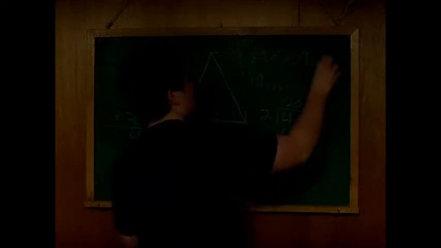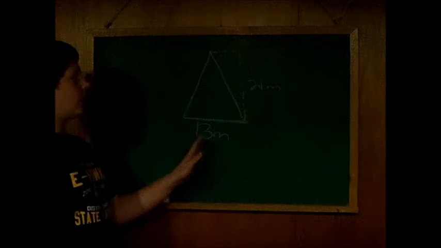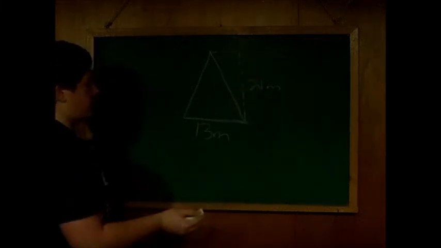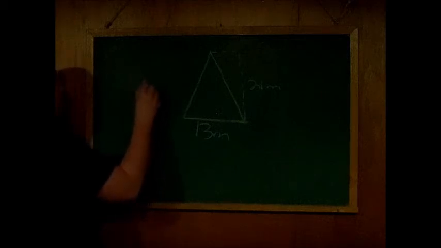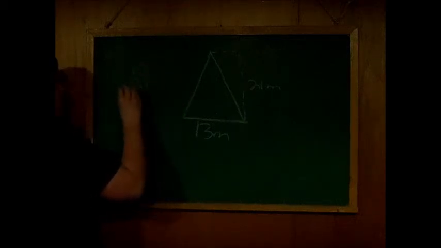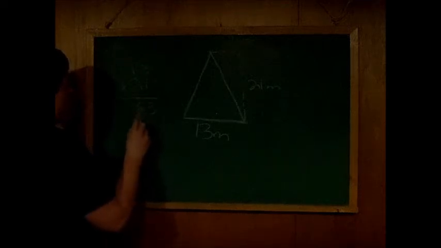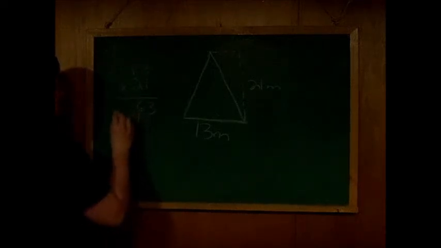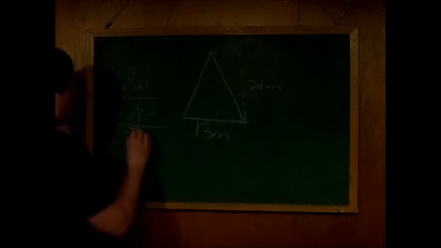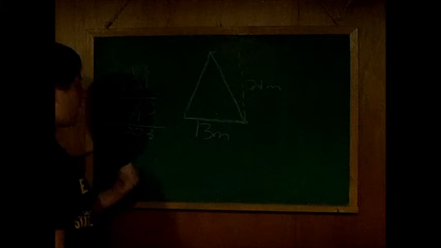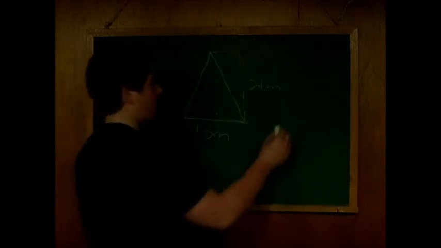centimeters squared. Now this second example is a little bit more tricky. We have a base of 13 and a perpendicular height of 21. So we would times those two. And we would get 273. Now we have to divide that by 2.